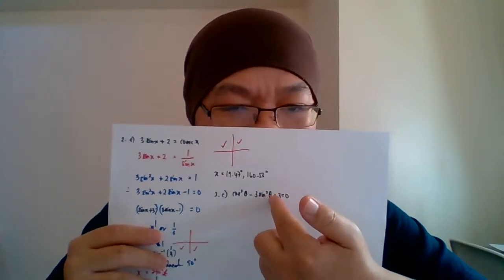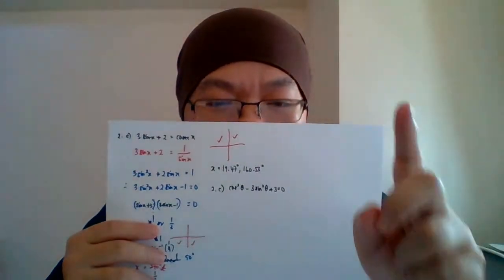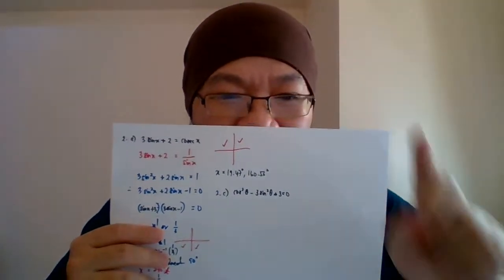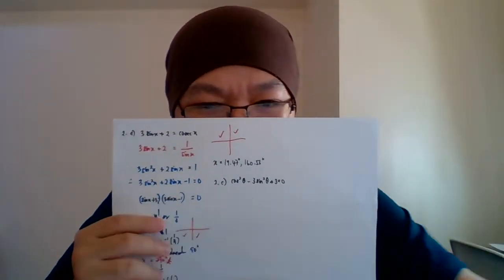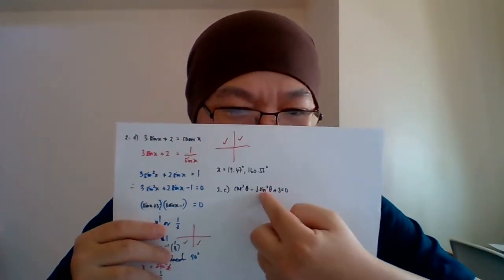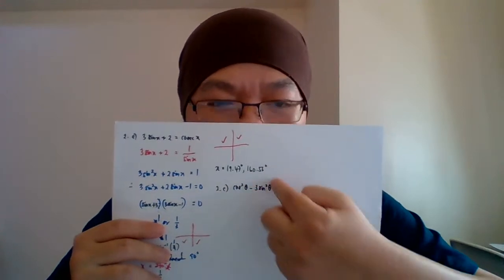So sin squared theta actually equals to what? 1 minus cos squared theta, right? From the first identity, cos squared theta plus sin squared theta equals to 1. So please remember that. So tengok balik korang punya jadual identity. So from here, kita boleh pakai benda tu.